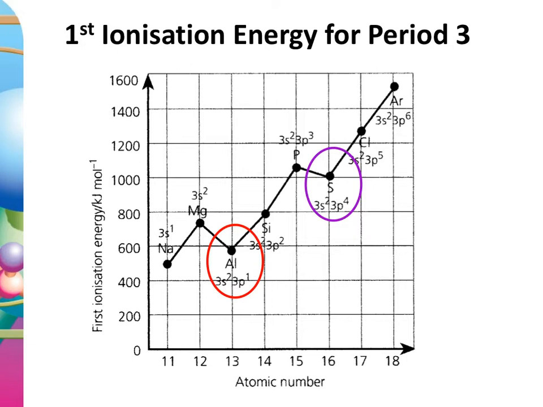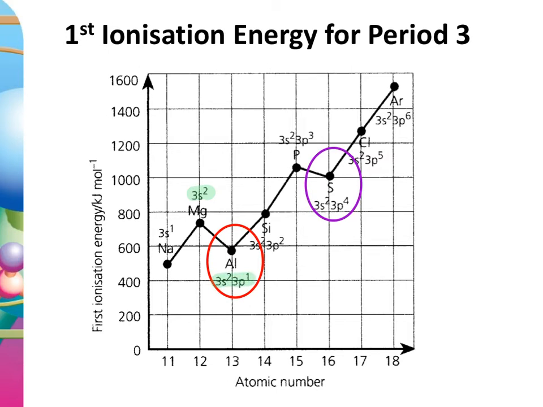Well, we're going to explain that by thinking about the electronic configuration, something that we looked at in the first lesson. So we're only focusing on the outer energy level, but if you look at the change from magnesium to aluminium, we go from 3s2 at the end of the electron configuration to 3s2, 3p1.